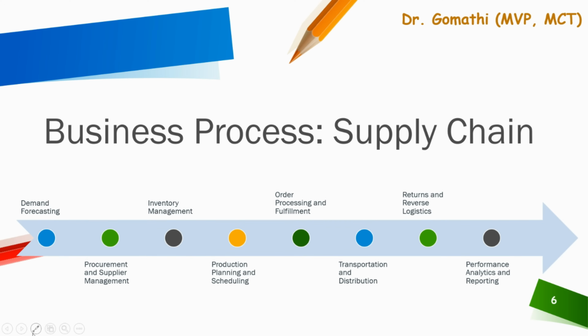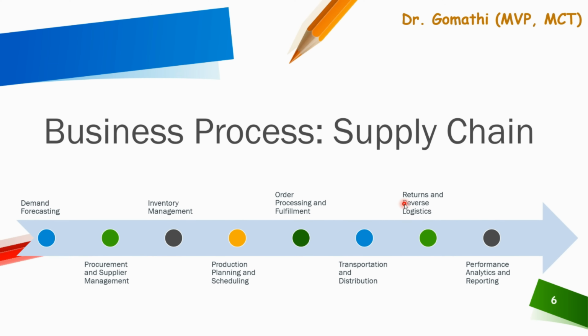Order processing and fulfillment: receiving and processing customer orders, picking, packing, and shipping products accurately and on time. Transportation and distribution: planning and executing the movement of goods from production facilities to the distribution centers and ultimately to the customers, optimizing transportation routes and methods.